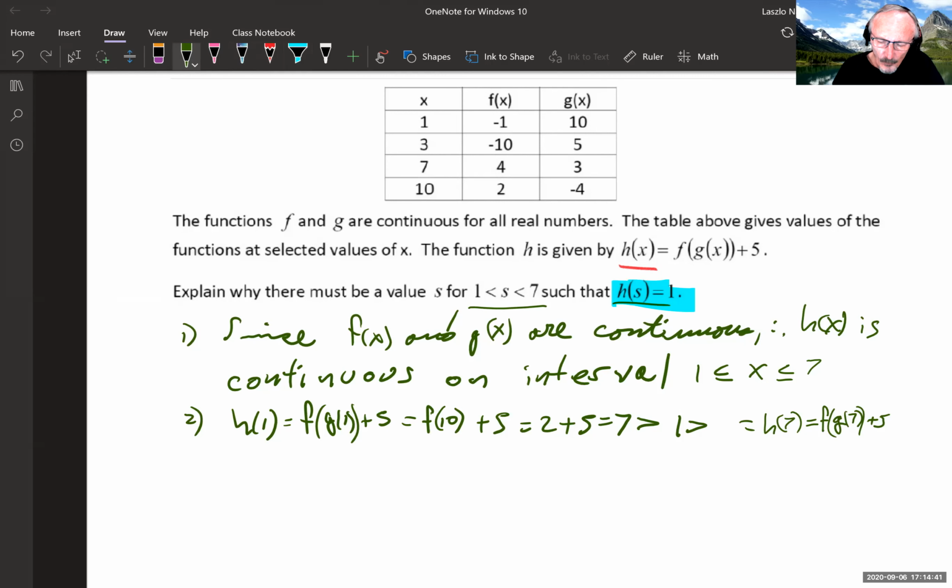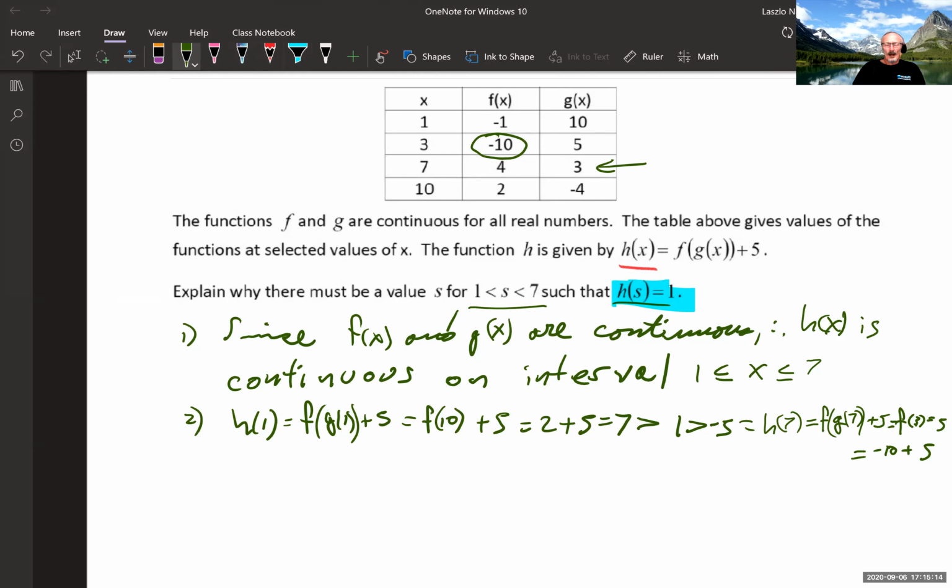We're looking for g of 7, and g of 7 happens to be 3. That gives me f of 3 plus 5. I'm running out of room here, so we'll go a little bit lower. And f of 3 looks like negative 10. So negative 10 plus 5, I'm getting negative 5.